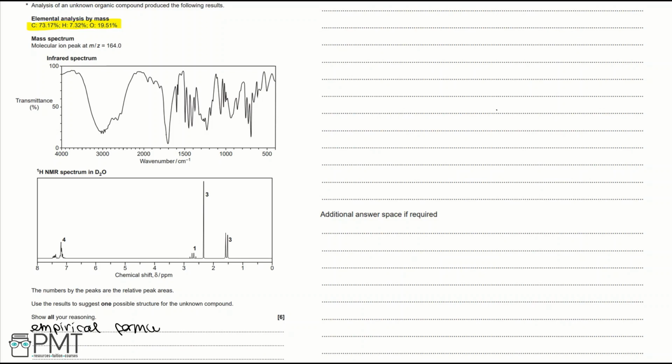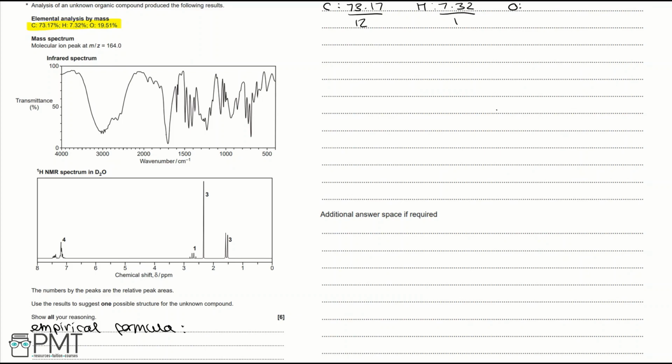With empirical formula, what we need to do is take the percentages of each element and divide by their relative formula mass. So for carbon, that would be 73.17 divided by 12. For hydrogen, that would be 7.32 divided by 1.